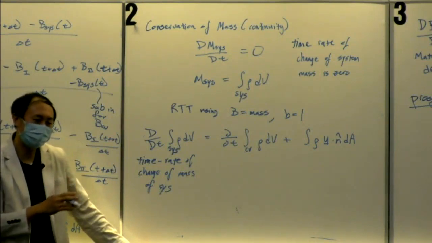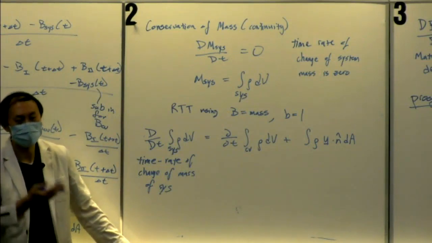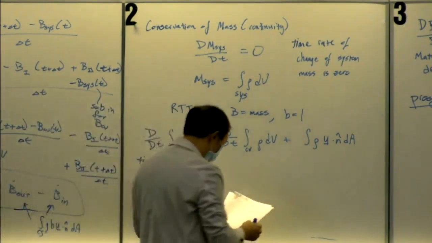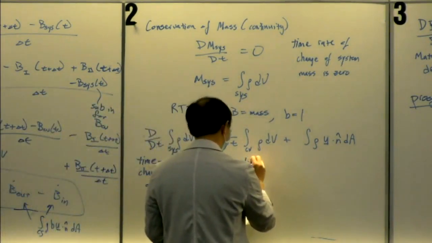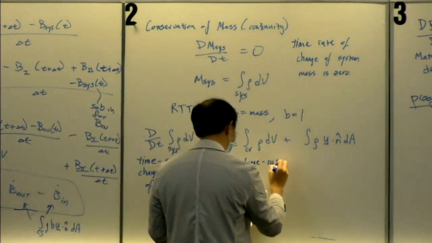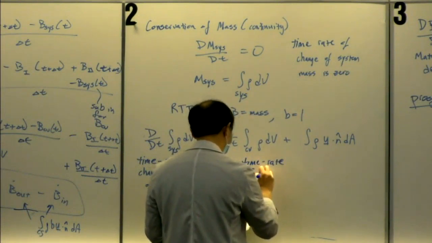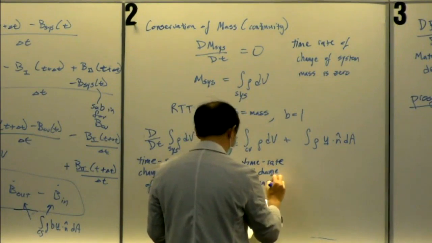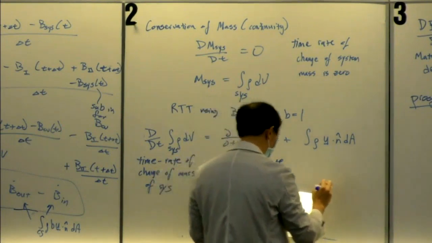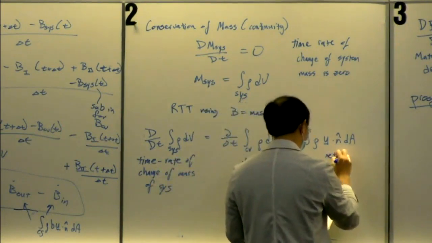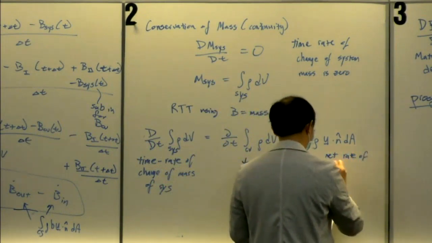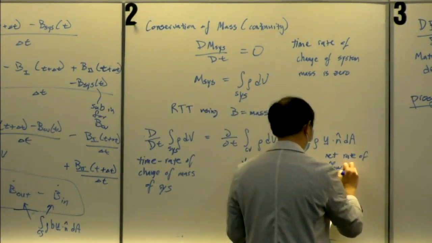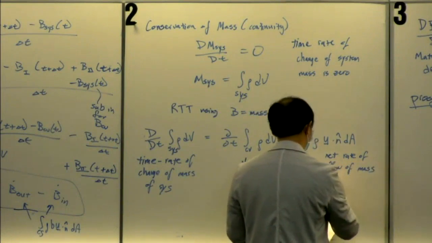You know what it is in space, but it's very difficult to measure because it's moving. So that's why we use the control volume as a tool. This middle term is the time rate of change of mass of the CV, and the other is the flow of mass through the control surface.